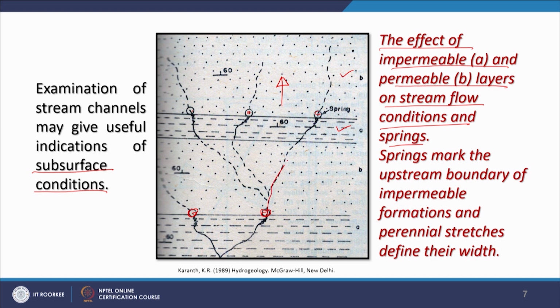So this part is getting dry again because this is water rich, so there is a spring. The water which is coming in this spring is mostly coming from this horizon. Similarly here, similarly here. So from the surface we can understand, if the arrangement of rocks is like this, then we know where to get the water.